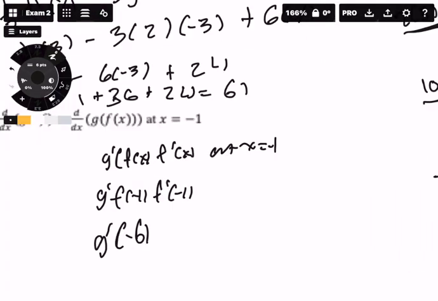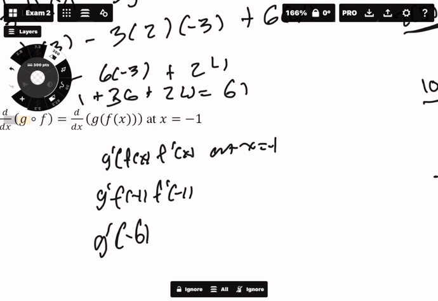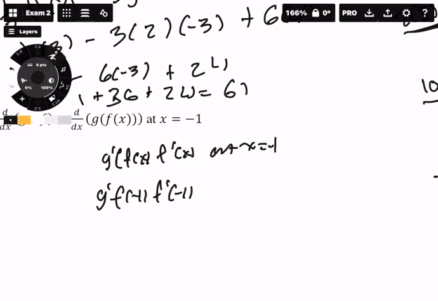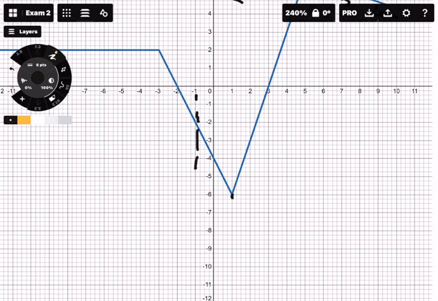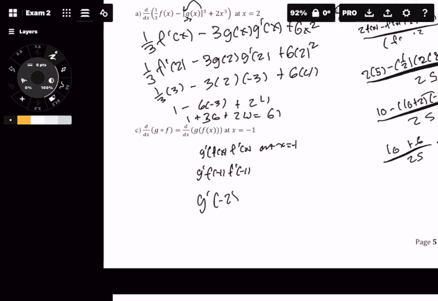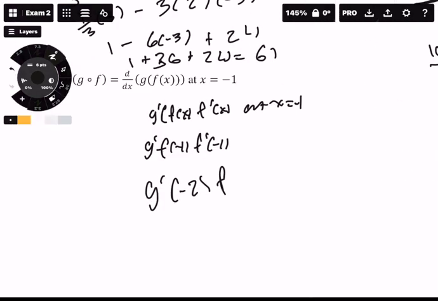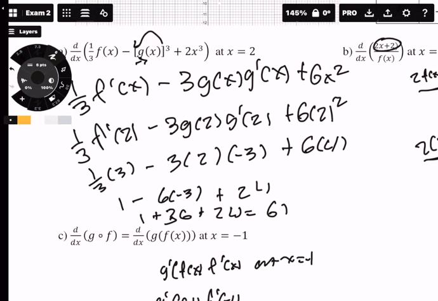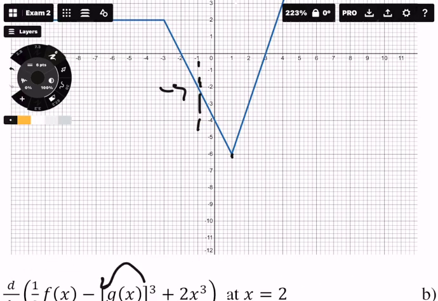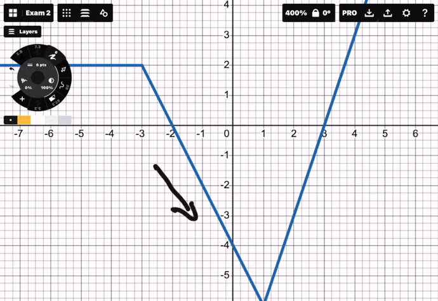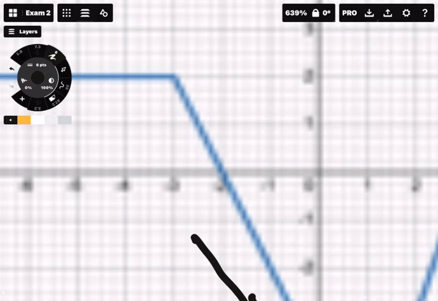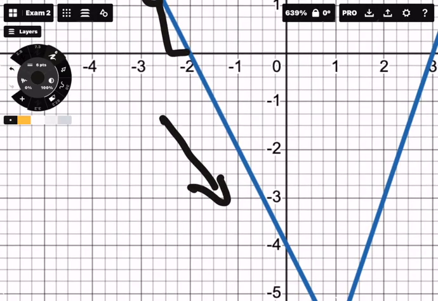So this is 2. G prime of negative 2. Since if we go here, negative 1, this is at negative 2. And this is f prime of negative 1, which, as we said before, since this looks like a constant function, but it's negative, it looks like it's decreasing by 2 each time.